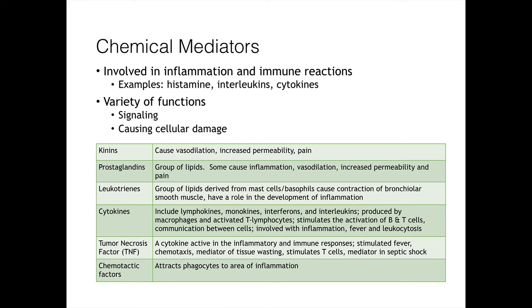It's really good at stimulating acute inflammation, and you can see that it stimulates fever, chemotaxis, is a mediator of tissue wasting, stimulates T cells, and is a mediator in septic shock. And then chemotactic factors are the ones, like I said, that call white blood cells to the area.